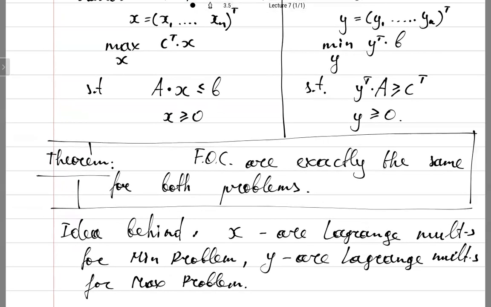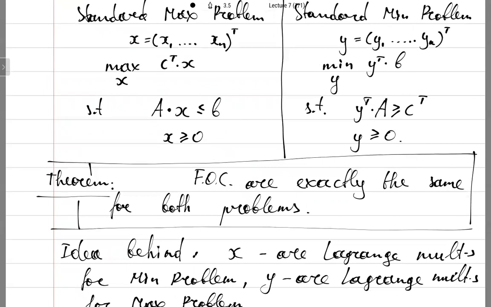So basically, when you introduce the Lagrange function for the minimization problem, and you just call your Lagrange multipliers x, and you introduce the Lagrange function for the maximization problem, and you name Lagrange multipliers y1, y2, yk, then bingo, you have exactly the same first order conditions. Equation in equation, inequality in inequality, exactly the same conditions.